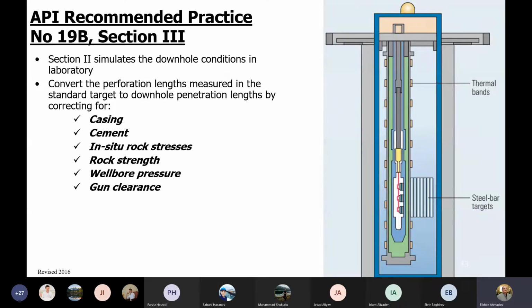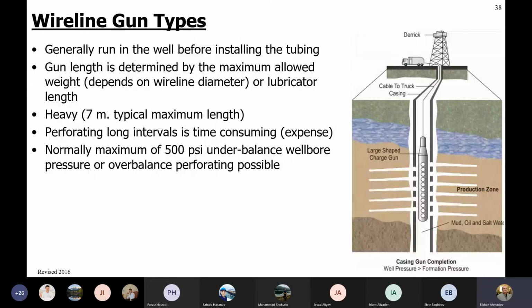Ideally it should be a well-rounded hole, but how it will change due to the elevated temperature, how these elevated temperatures affect the perforating performance itself on casing, on steel targets, the penetration, roundness, etc. Okay.